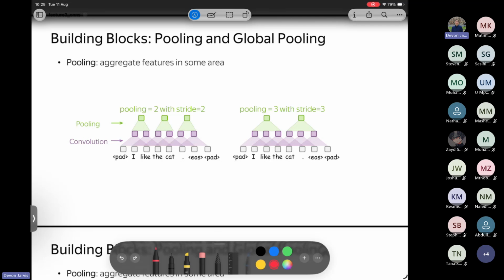So you can then pick how large your pooling is, and then how big the stride is. So if you want a size 3 pooling, then you want to match your stride so that it doesn't overlap. Okay, this is also used because the main point of the pooling is to reduce a lot of representations to hang on to, which is all the words.